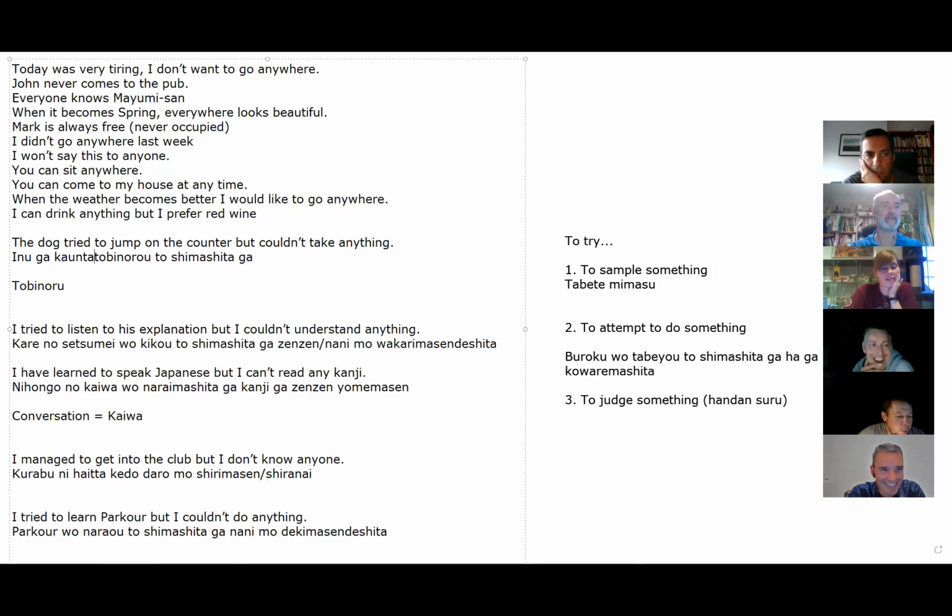Good, counter. Counter no ue ni tobinoru to shimashita ga. What's the ue? On top of. Onto. So that's not in the verb. To be honest, you could be right. You could probably just say counter ni tobinoru to.